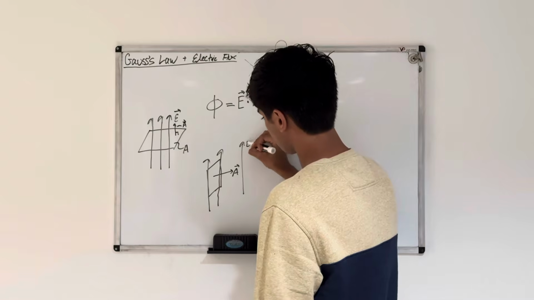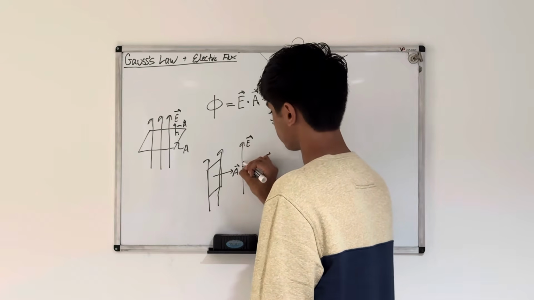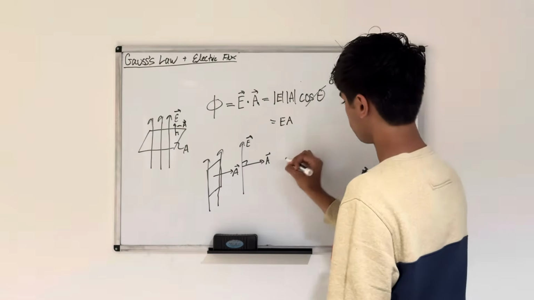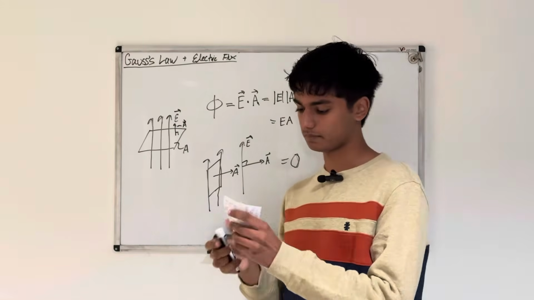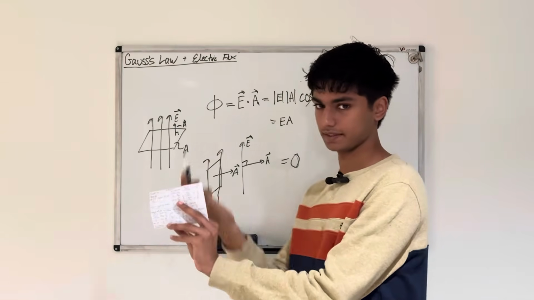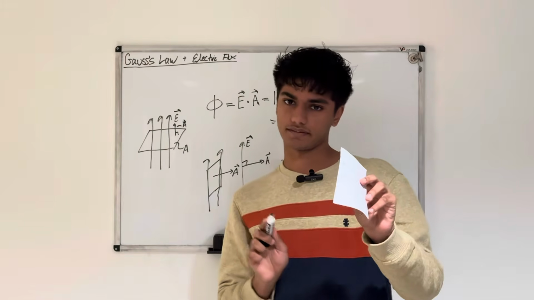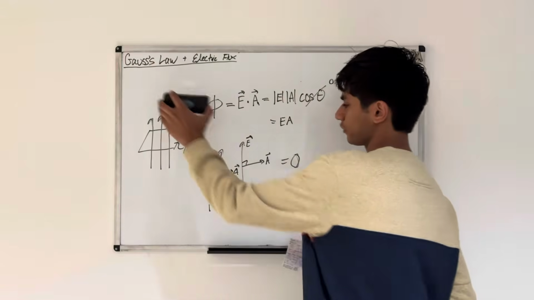So the angle between A and E is 90 degrees. EA cosine of 90 degrees, cosine of 90 is 0, which equals 0. This makes sense because if the plane is parallel to the electric field, you're not going to have any flux because the field isn't actually going through the plane. Okay, so that's electric flux.